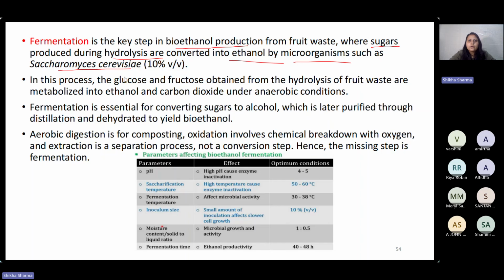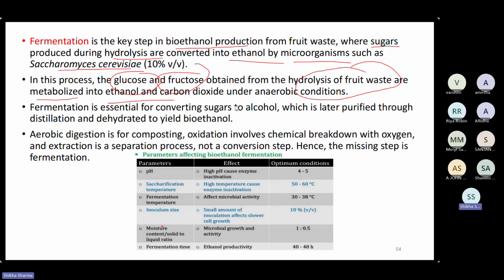The glucose or fructose obtained from hydrolysis of the fruit waste is metabolized, and ethanol and CO2 are produced under anaerobic conditions. The ethanol is later purified through distillation and dehydrated to produce bioethanol. And anaerobic digestion is done for composting.